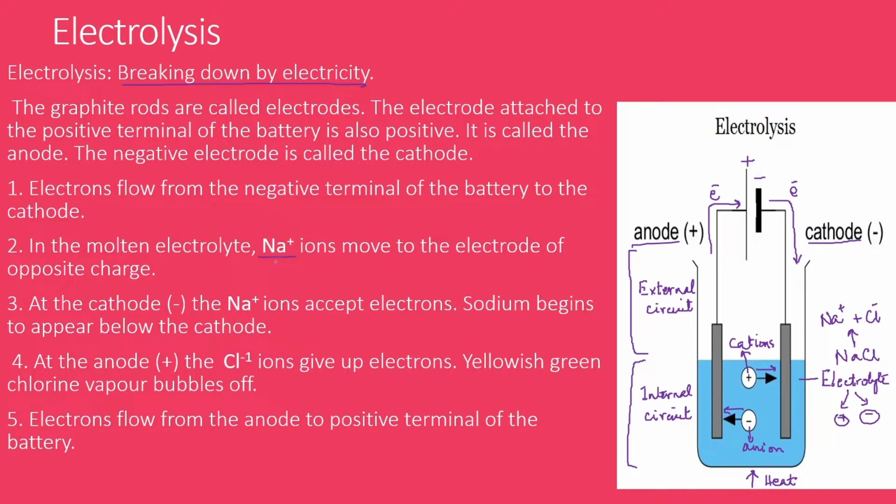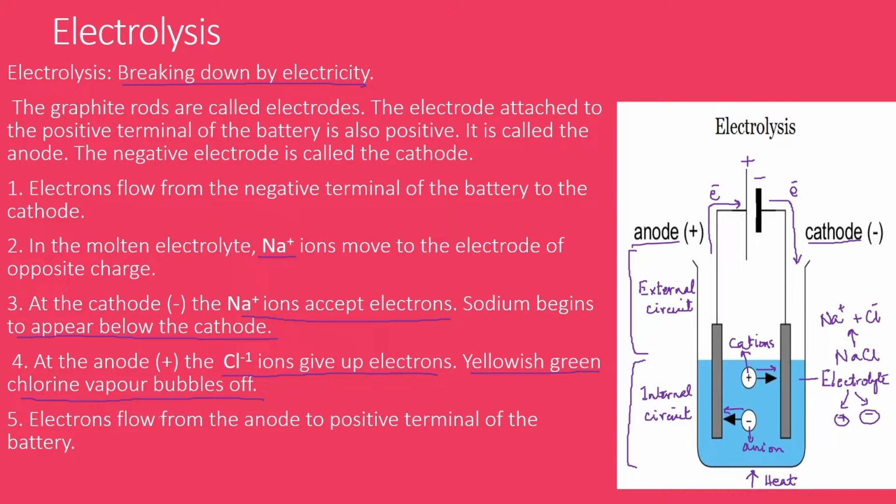So at the cathode, the sodium ions accept electrons and the sodium begins to appear below the cathode. At the positive electrode, the chloride ions give up their electrons and the yellowish green chlorine vapor or chlorine gas can be seen at the anode.